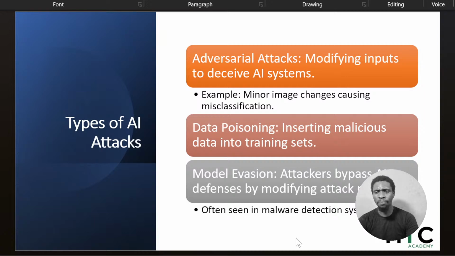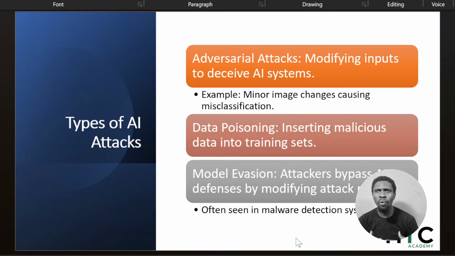Then there is model evasion. Model evasion is a way of bypassing an AI defense system by modifying attack patterns. So we have various security technologies that use AI to determine if an attack is coming to the regular information system assets, like our systems, our desktops, our laptops.